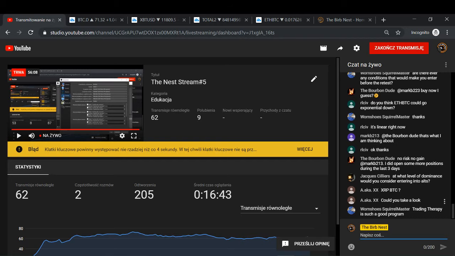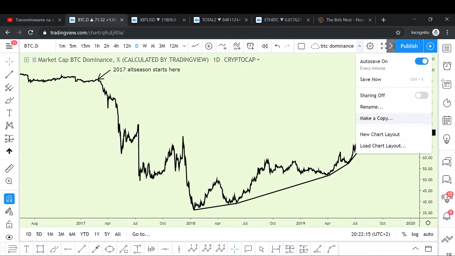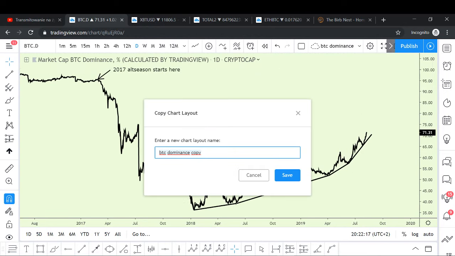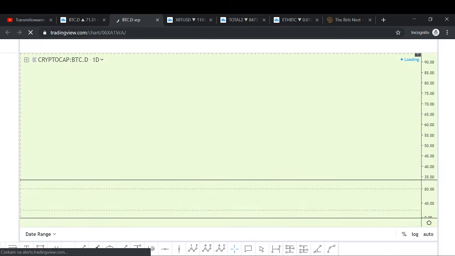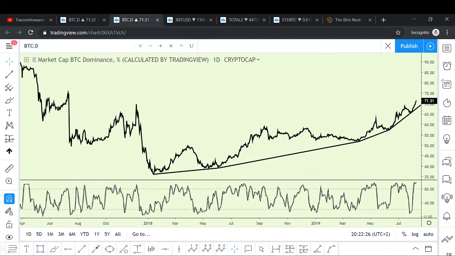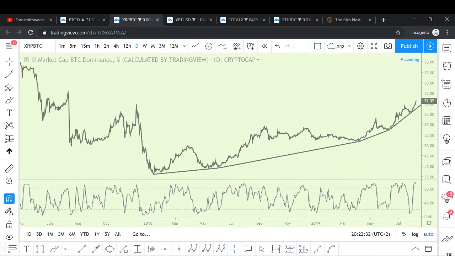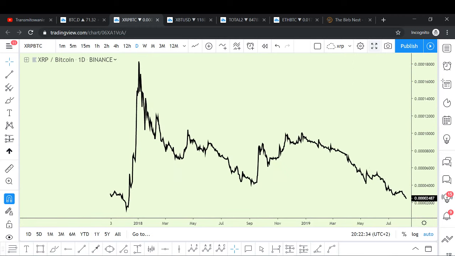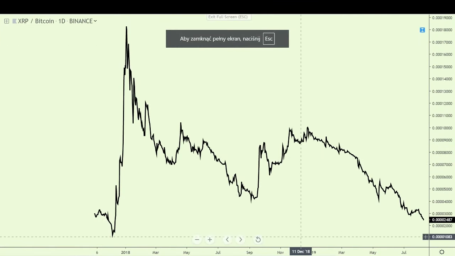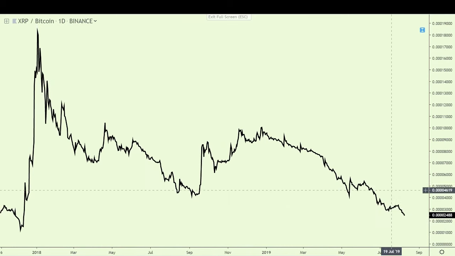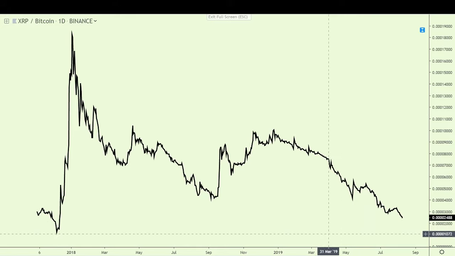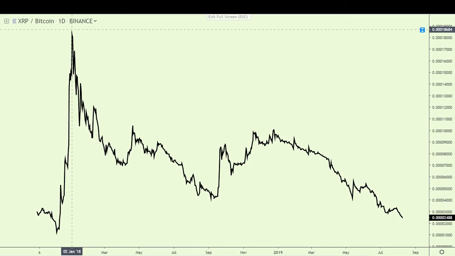Now, okay, one last chart, XRP, simply, and a very short scan, and we are closing the stream for today. XRP. I'm not a big fan of XRP for fundamental reasons, practically, so you will not hear too many good things about it from me. But technically, there's no surprise either. It's been exponentially downtrending for some time already. We have been in an uptrend practically since the top in 2018, right?